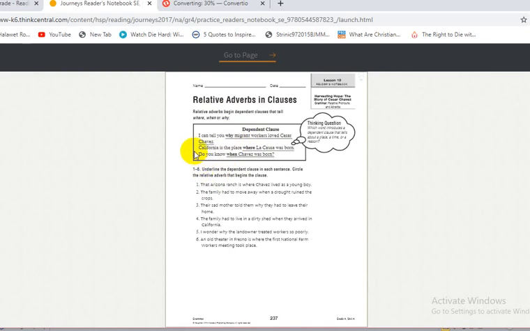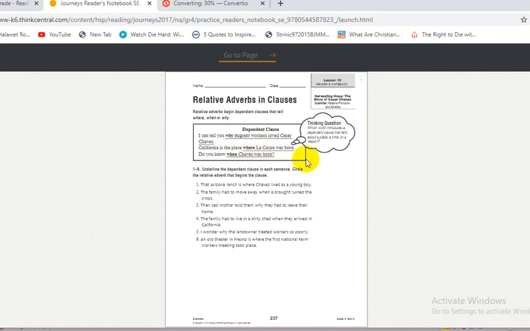Okay, California is the place where La Causa was born. So here we have what? The relative adverb where. And it describes what? California, right? California is the place where La Causa was born.